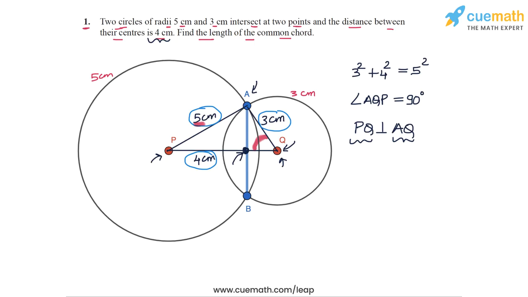So what's really happening here is that the center of the smaller circle is lying on the common chord itself.